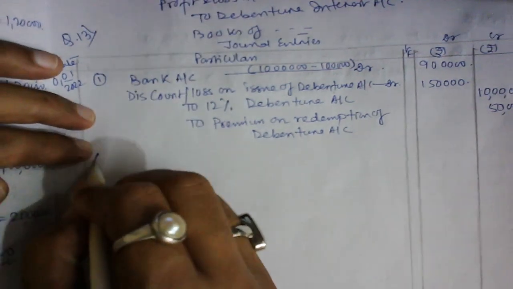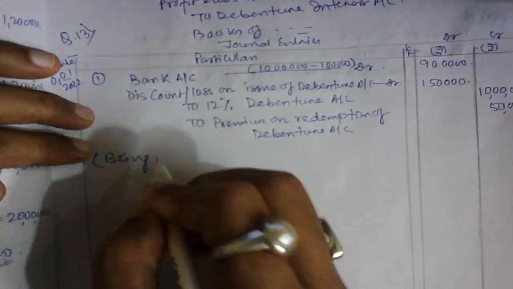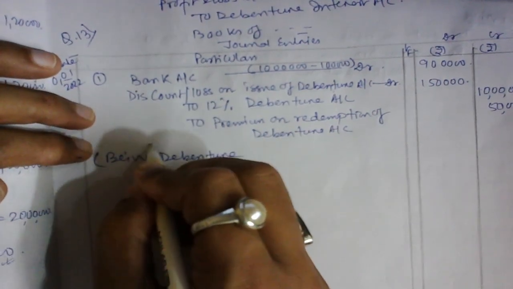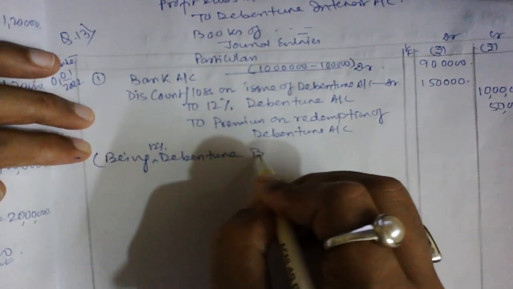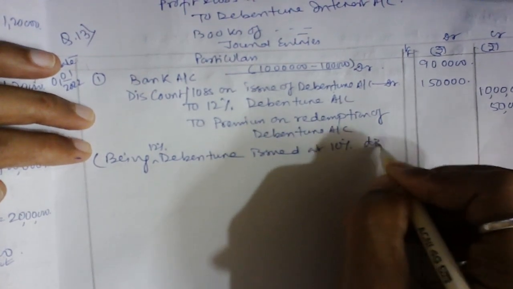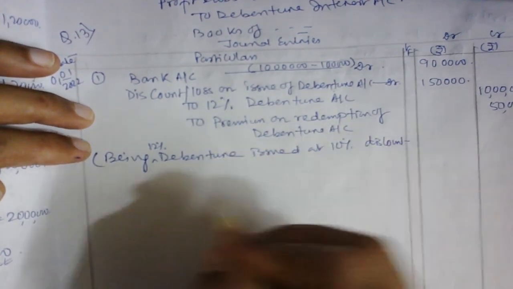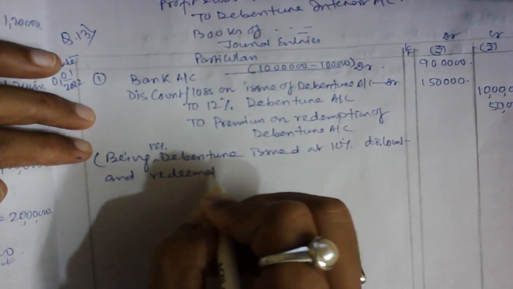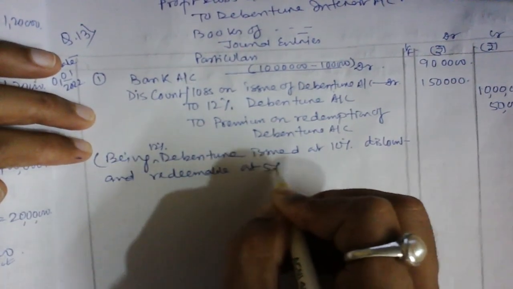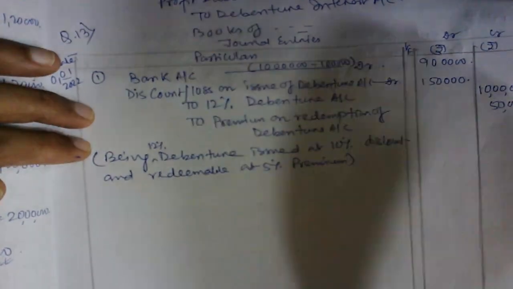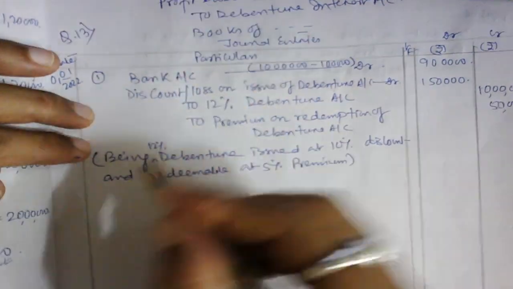So the journal narration will be, you can write here, 12% debenture issued at 10% discount and redeemable at 5% premium. So it makes a complete journal entry. This is done.